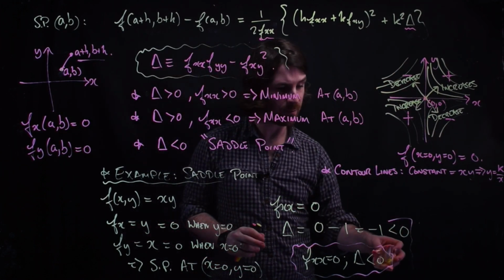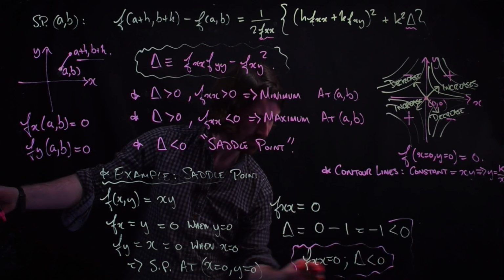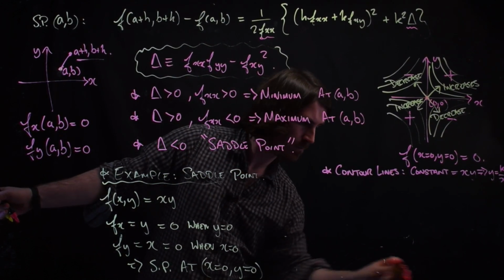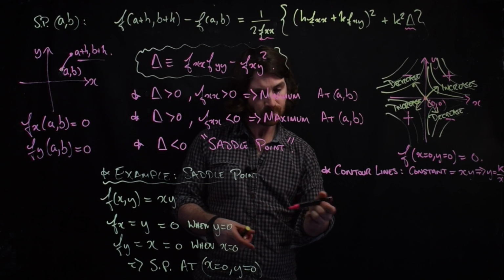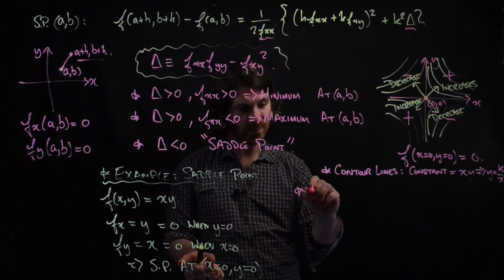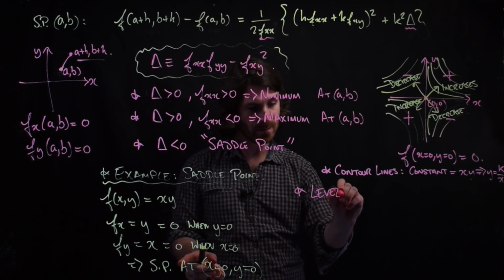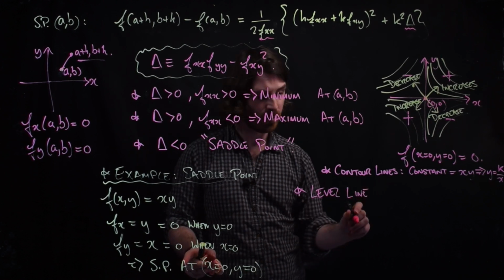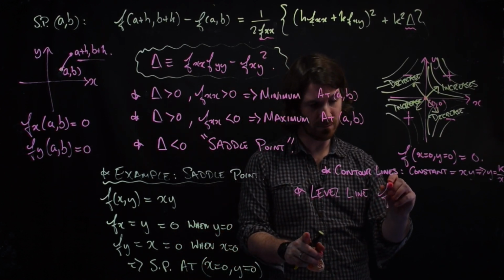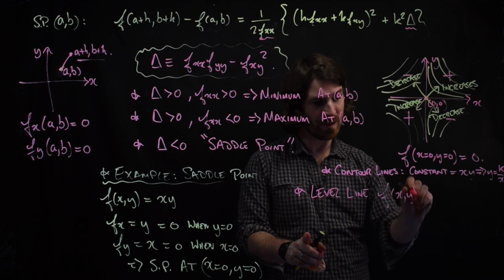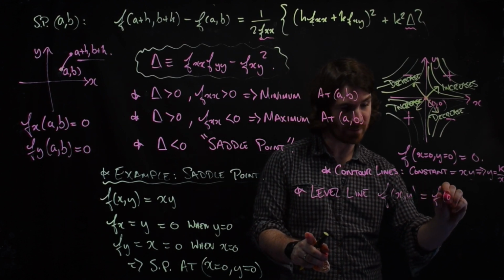Okay, so we can also think about what are called level lines, but let me clean this up a little bit. So at a level line, or along a level line, the value of the function equals the value of the function at the stationary point.